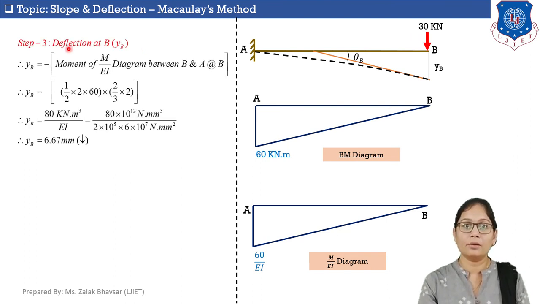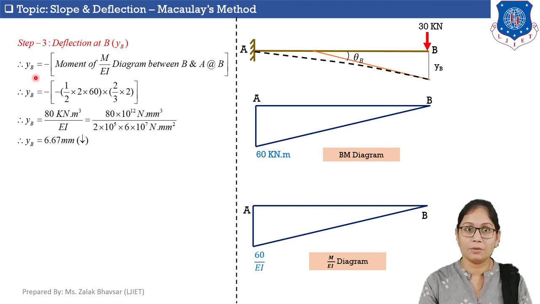Now let's calculate the deflection at point B. For calculation of deflection we need to apply moment area theorem 2. As per moment area theorem 2, if we need to calculate deflection at point B, then we need to calculate the moment of the M upon EI diagram about point B. So here is the equation to calculate deflection at B. I denote it as YB.